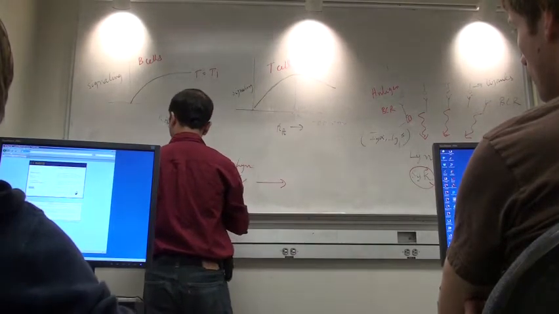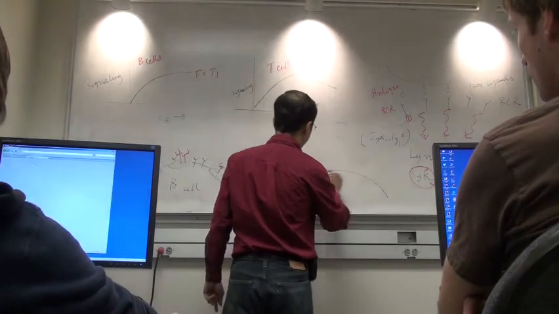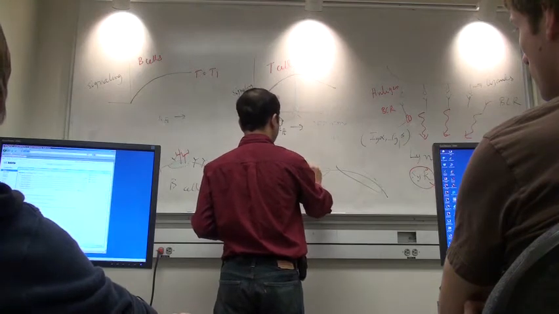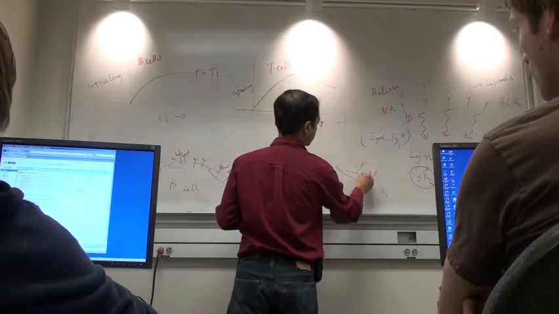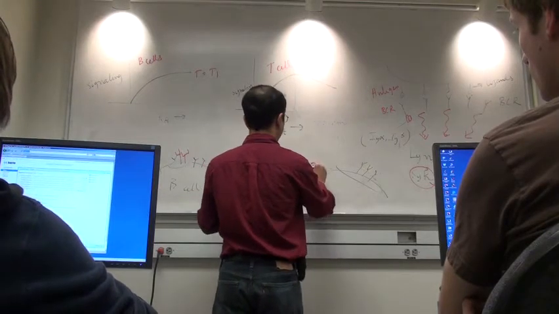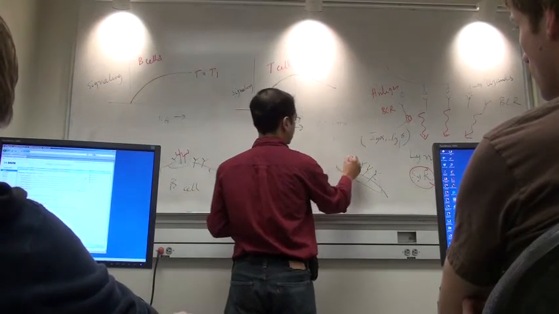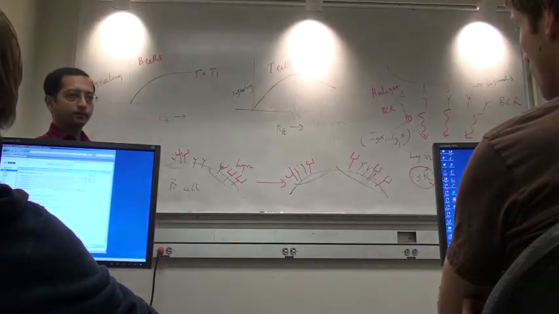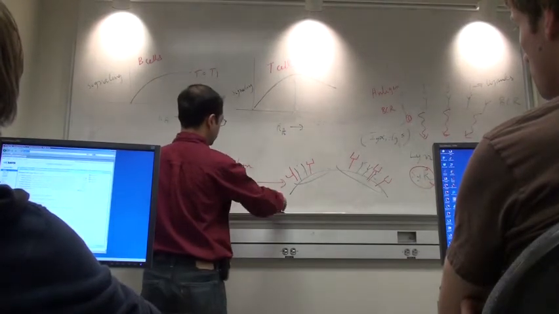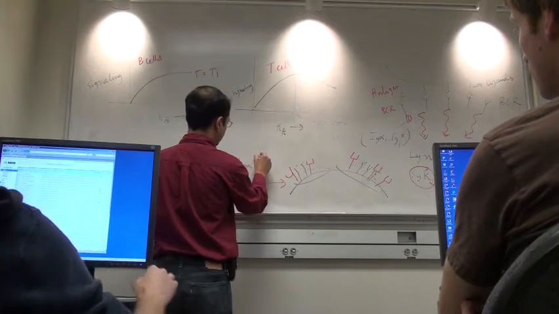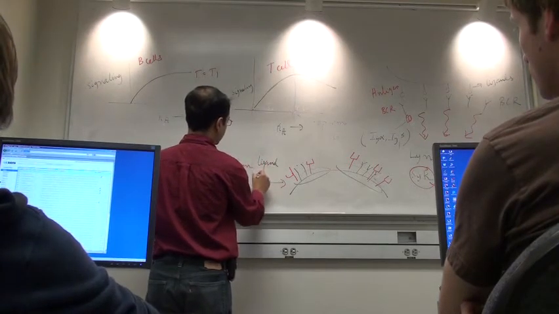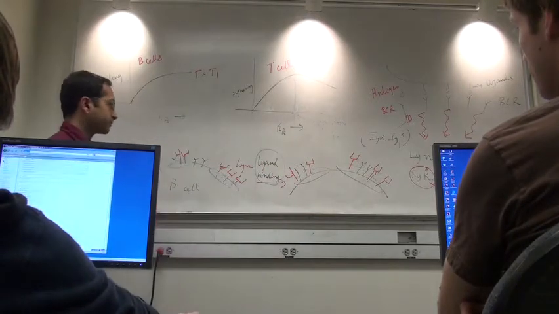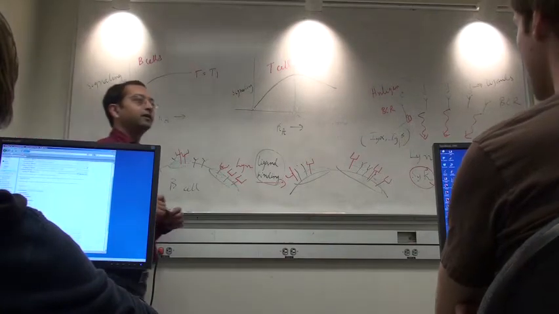you create a new type of organization on the cell surface. And there you have BCR and Lyn together. So what happened there?